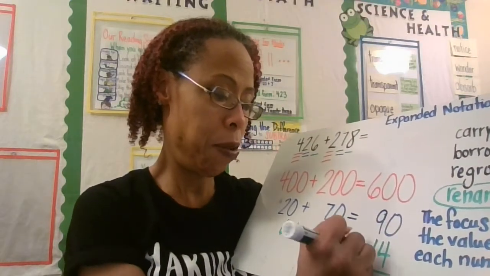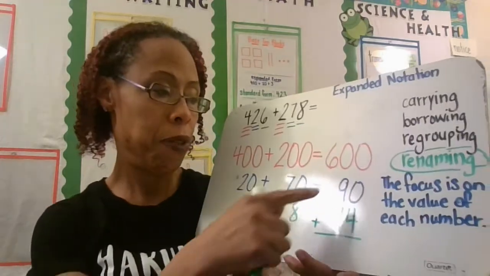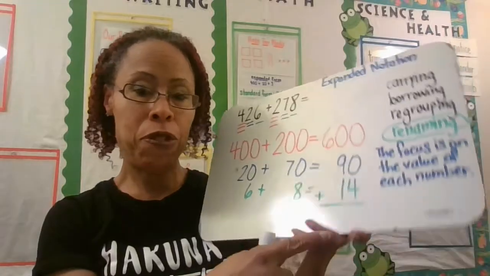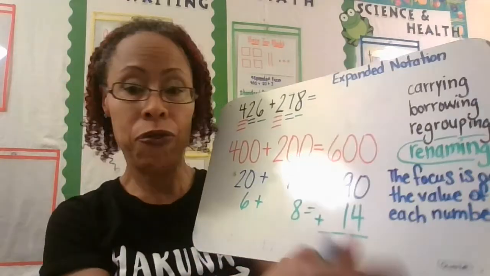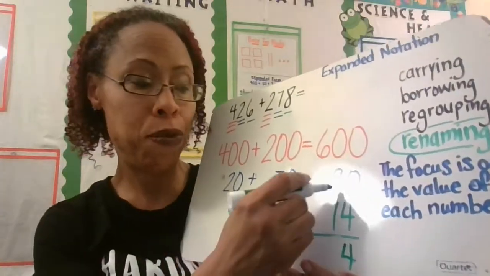All right, here's where the renaming will occur. We're going to add the numbers in the ones place first. So we have 0 plus 0 plus 4, and we know that is equal to 4. Now we have 9 plus 1.